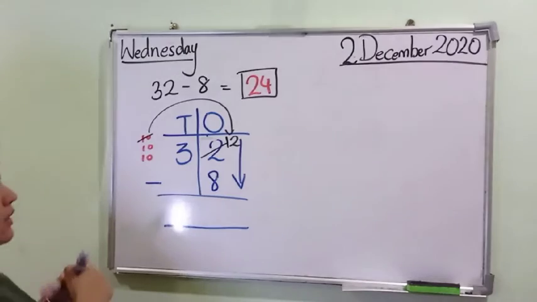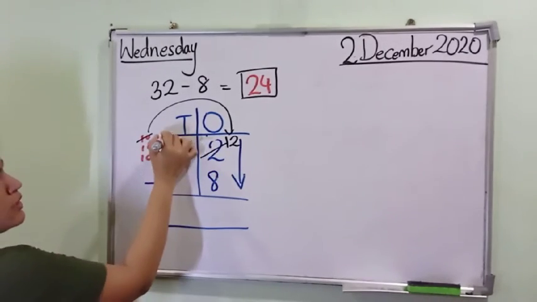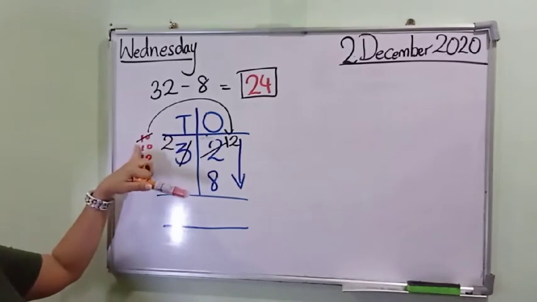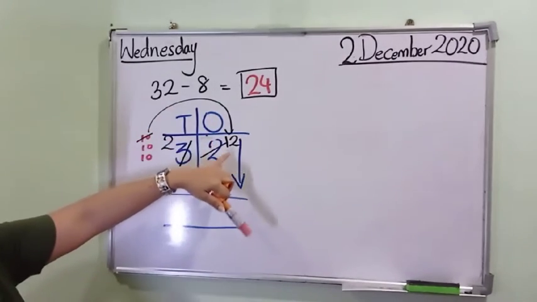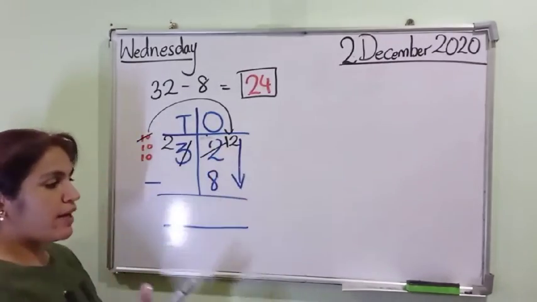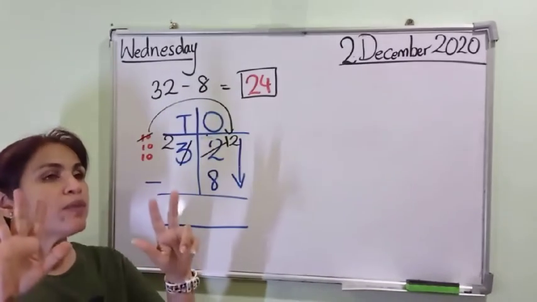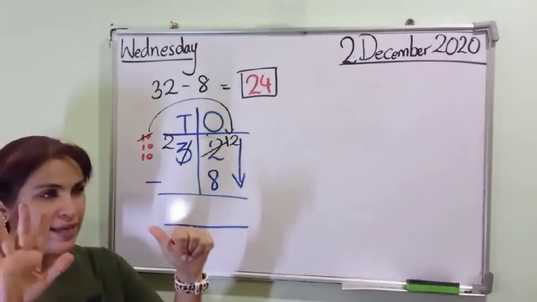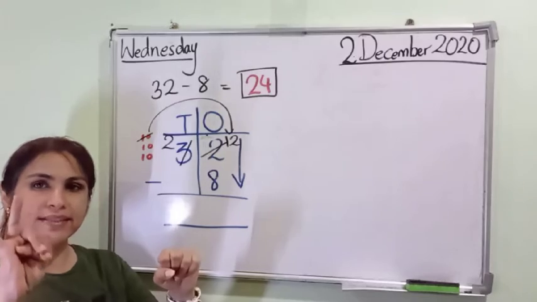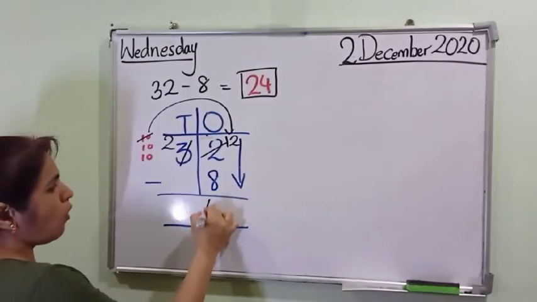Now here you are left with 2 tens, because the third 10 is being borrowed by one's place. Now look here. 12 in your brain, 8 on your fingers. Let's backward count. 11, 10, 9, 8, 7, 6, 5, 4. So you get here 4.